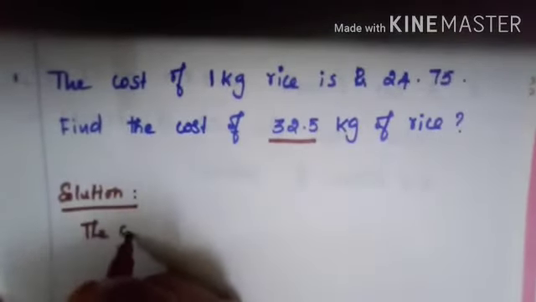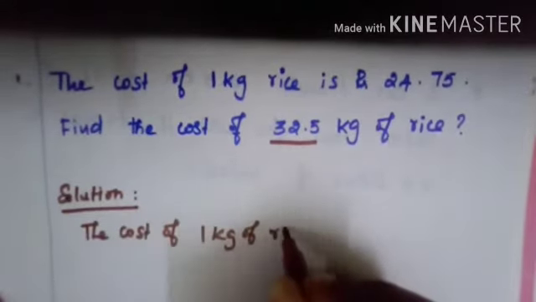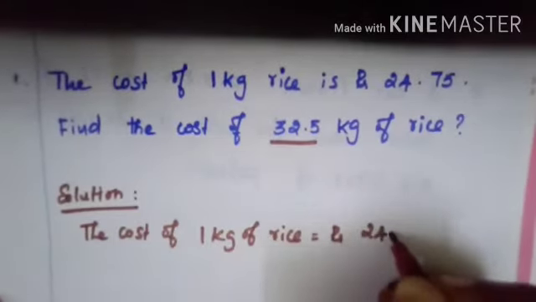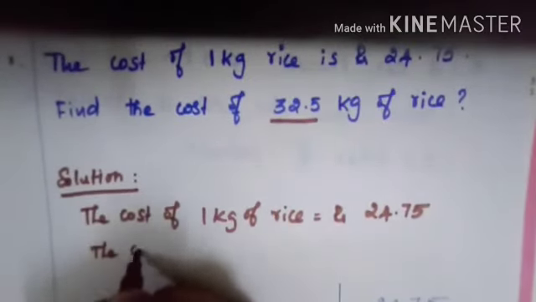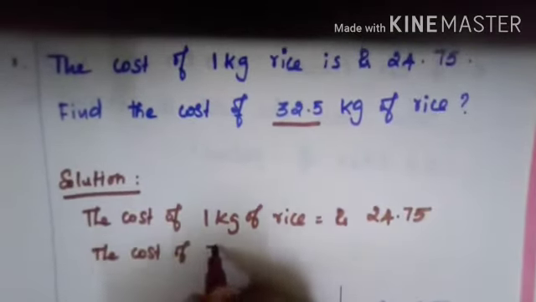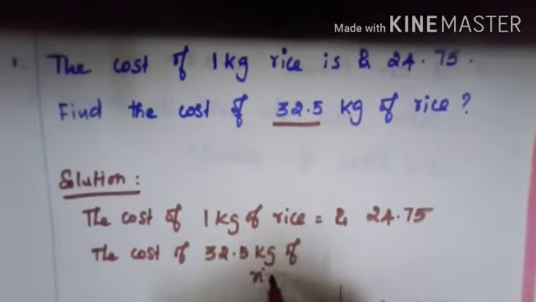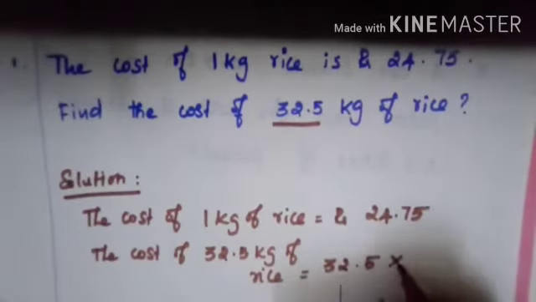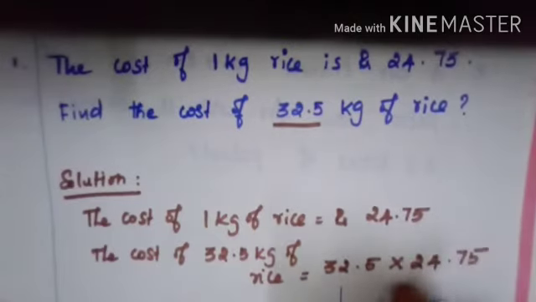The cost of 1 kg of rice is equal to rupees 24.75. The cost of 32.5 kg of rice is equal to 32.5 into 24.75. Multiply these two numbers in your rough column.